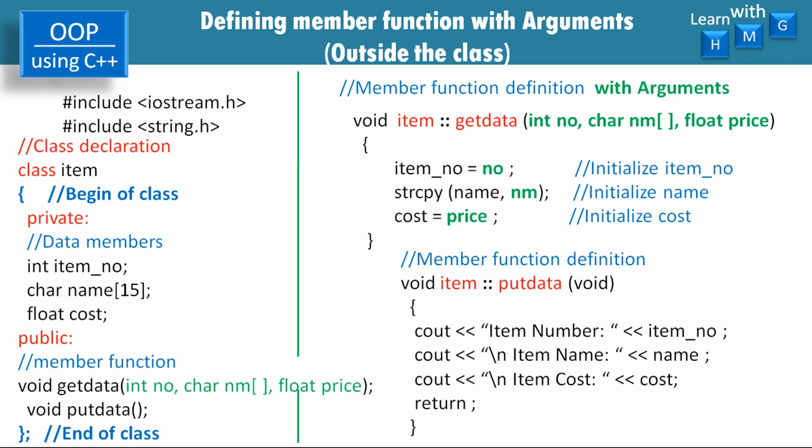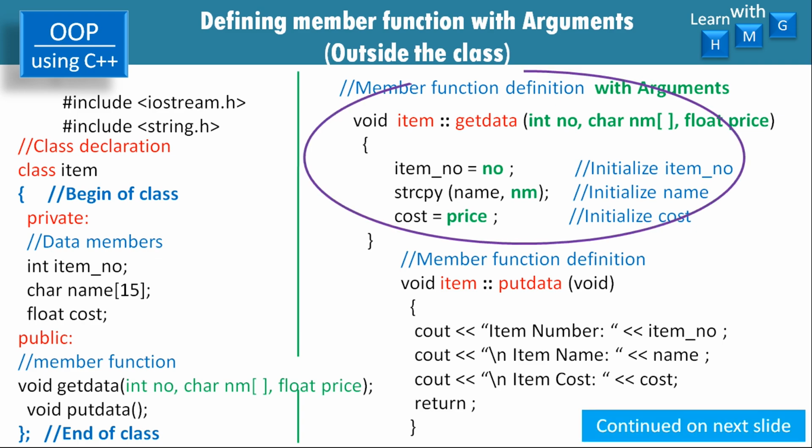Now after completing your class definition, either with member functions inside the class or outside the class as per your choice, you have to proceed further to the main program. Okay, so like this, the getdata function is defined with arguments outside the class.